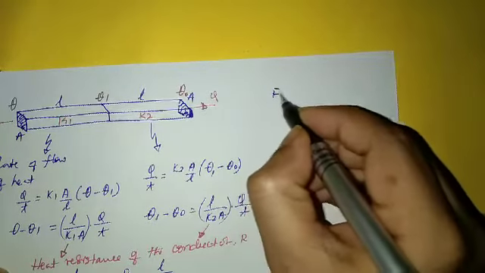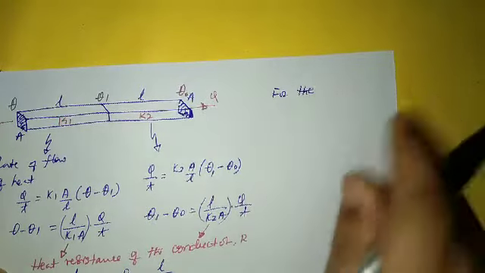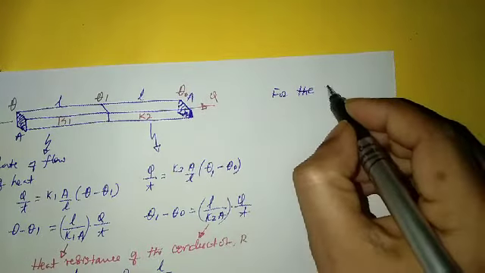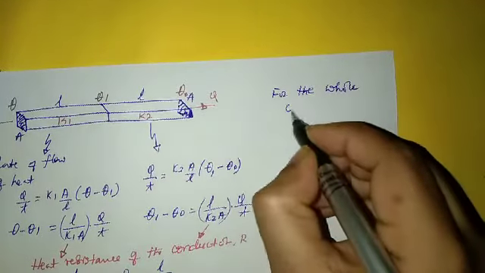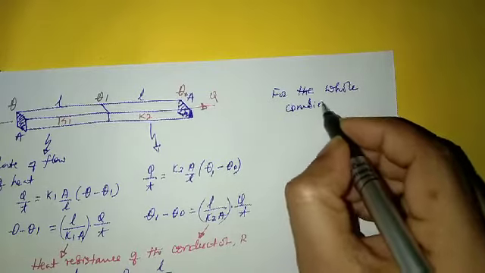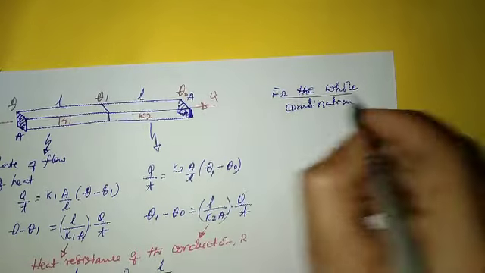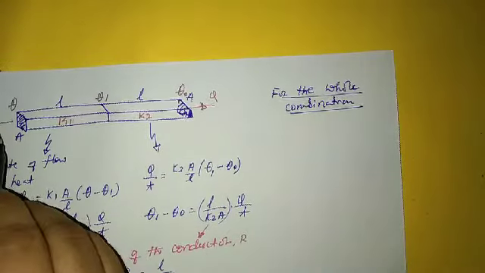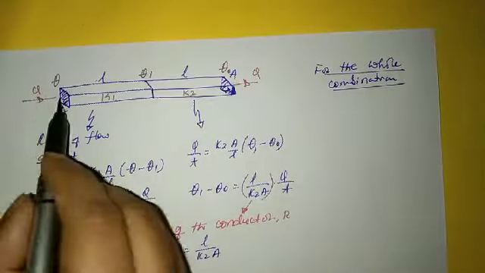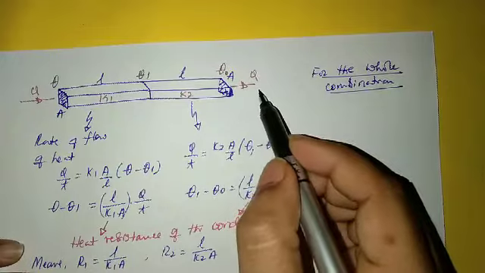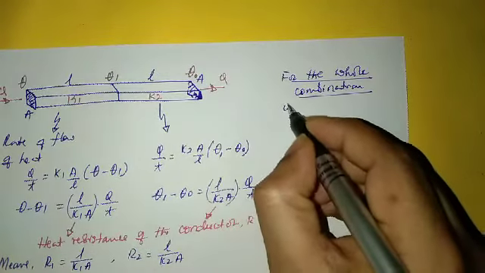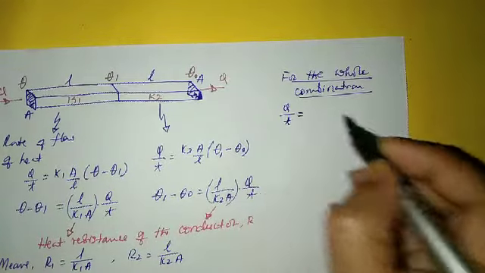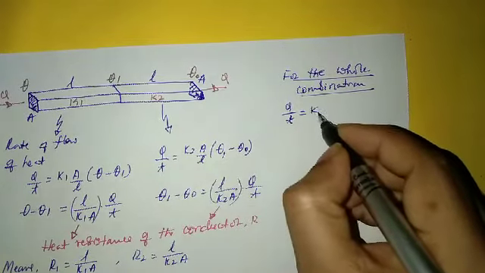For the whole combination, what can I write? The heat flow remains the same, whatever heat enters is leaving. Therefore, Q divided by T must be equal to K effective.